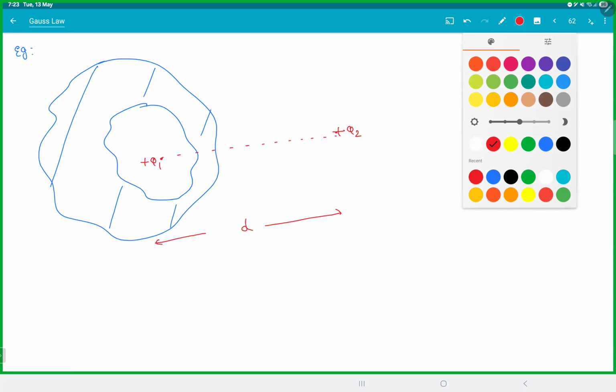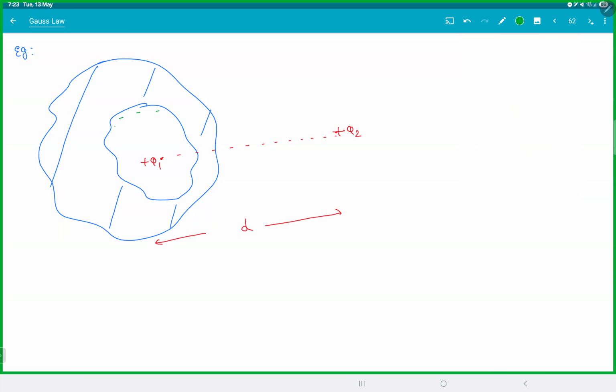Now see what happens. This Q1 will create an induced charge here. Again, we're only talking about the charges inside. This is minus Q1. So all the field lines from here will just end on the surface. Not a single field line from inside will come outside.